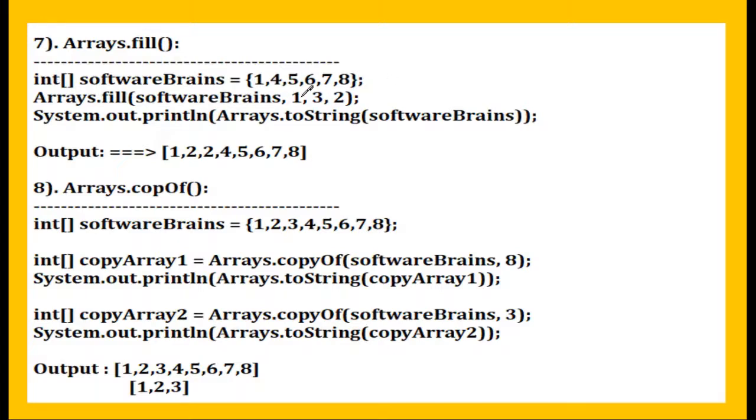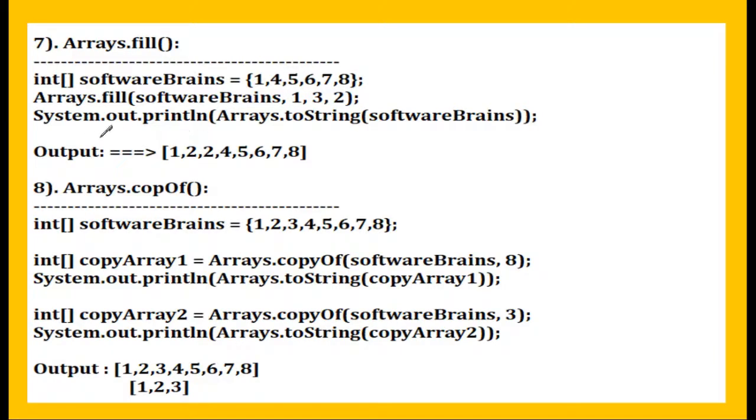So to avoid that, you need to add at only specific locations. Then you need to mention your starting index, the ending index, and the element that you want to add to your array. So now I have mentioned 1 comma 3.